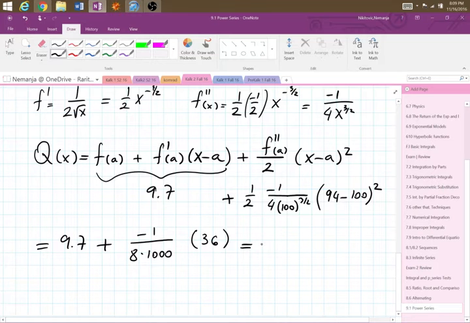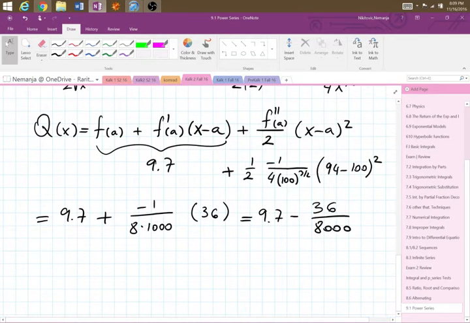Which is equal to 9.7 minus 36 over 8,000. Which equals 9.7 minus, now 36, and I should have canceled earlier. I can cancel by 4, right? Get the 9 and 2,000. 9 over 2,000.